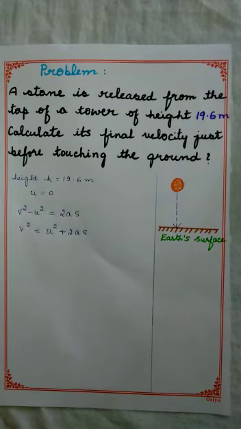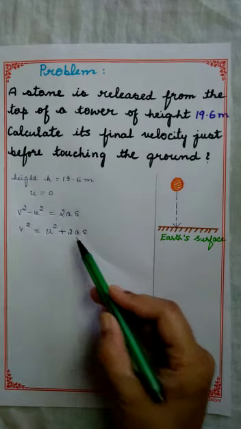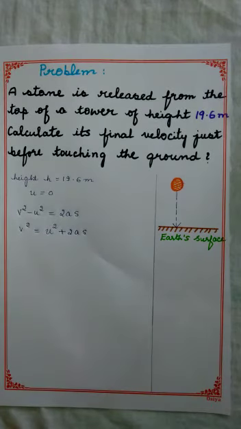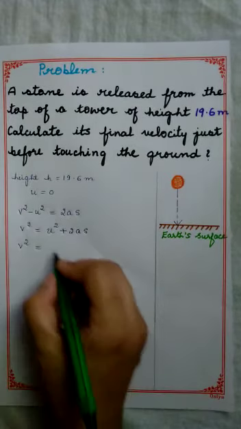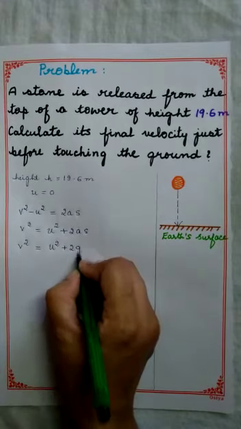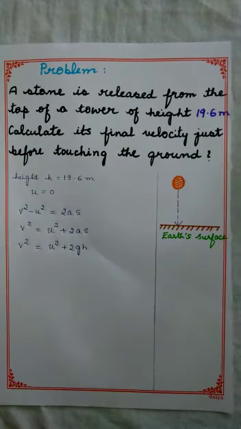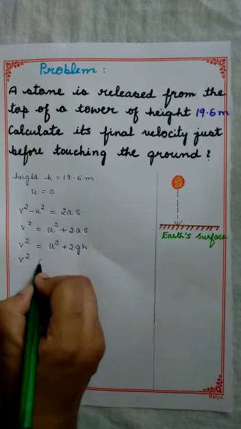Now, to solve this problem, let us replace the acceleration term using acceleration due to gravity, that is g, and s, distance, by height h. Therefore, the equation becomes v square is equal to u square plus 2gh.